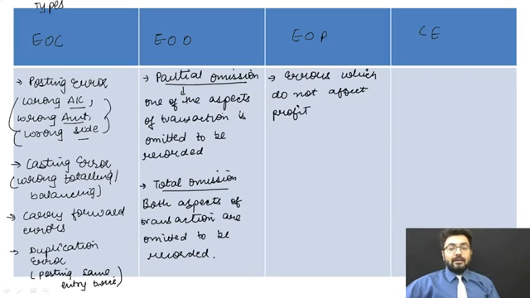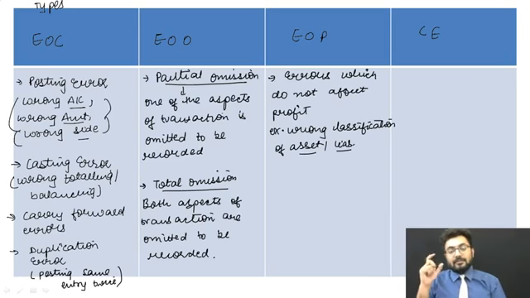Just like wrong classification, for example, wrong classification of assets or liabilities. There were some of the liabilities which were secured liabilities, or there were some of the assets which are secured and unsecured.